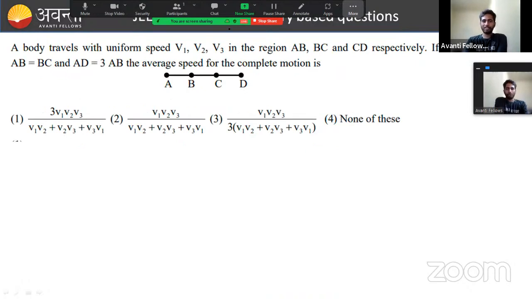Who will give the answer first for this question? This is a direct question from kinematics. I will give you 30 seconds of time. I'm expecting someone to give the first answer.